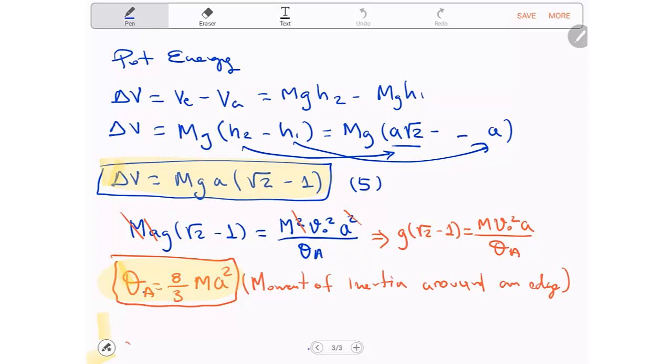Let's replace this equation into the last one.